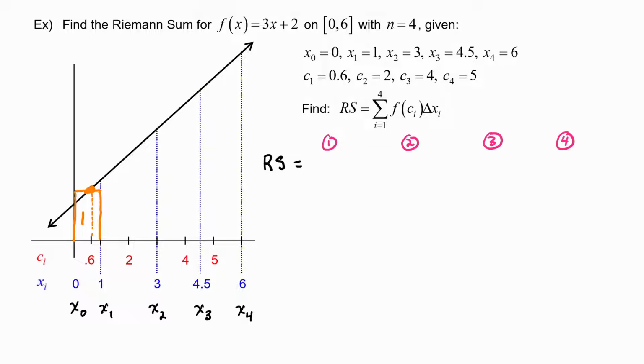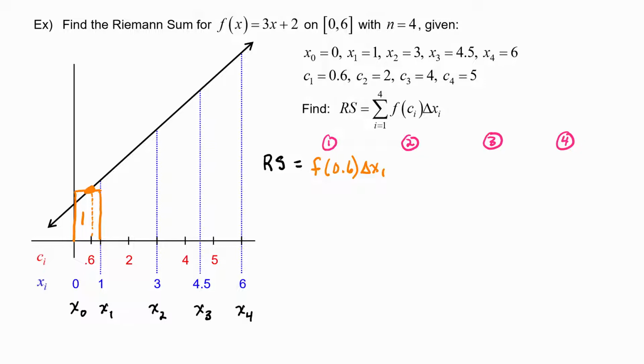And in area number 1, the rectangle that we will do will be f of 0.6, that's the height, times the base, which is delta x1. So we'll do f of 0.6 times delta x1.